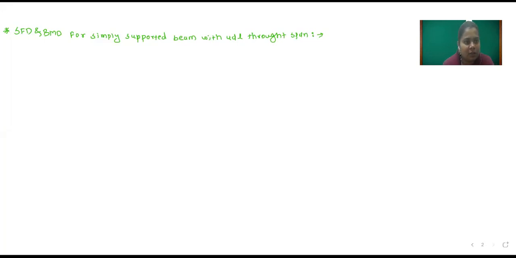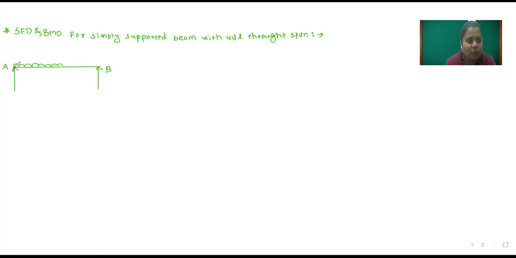So first I will draw the figure, then we will solve the problem. Suppose this is simply supported beam AB, and here uniformly distributed load is applied.